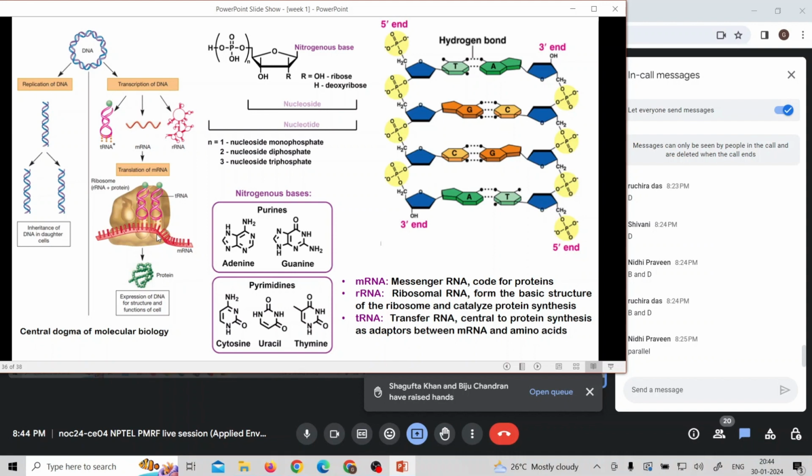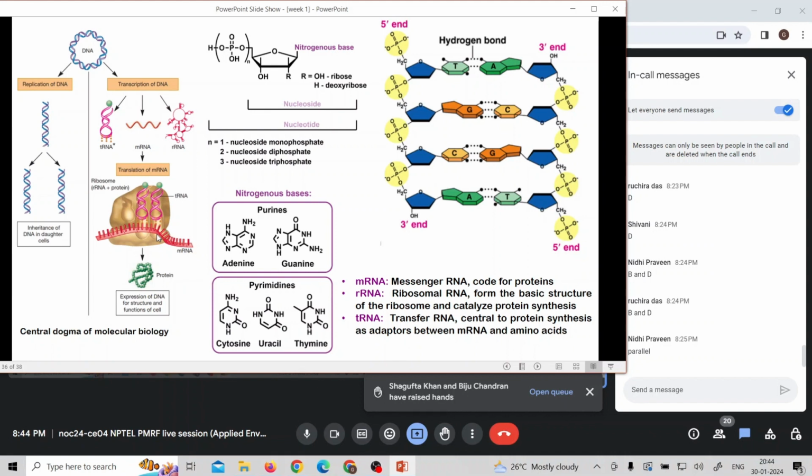Okay, now I'll explain the central dogma in short, and with that maybe we'll just wind up, or maybe I have one more question, so with that we'll wind up. Okay, so here the central dogma is, first it starts with the DNA. The first process in the central dogma, as we all know, is the replication process. Replication, the name itself tells what that process is.